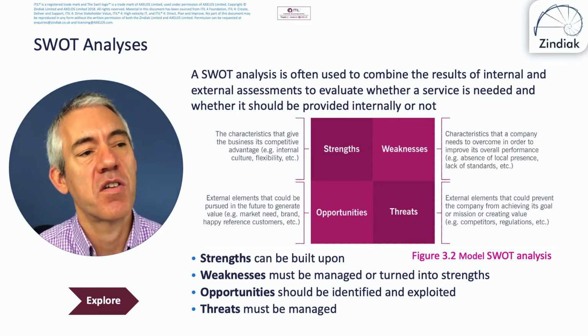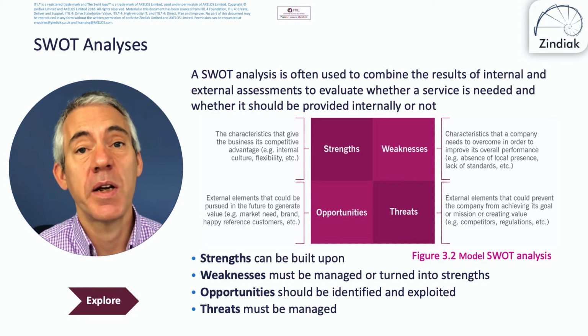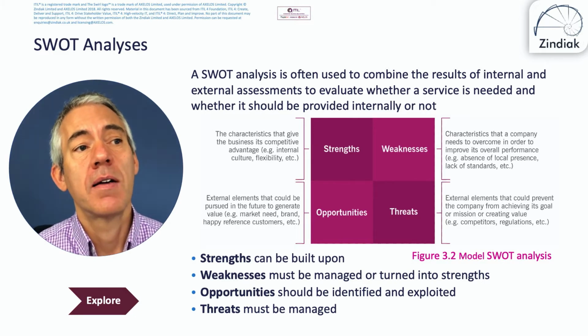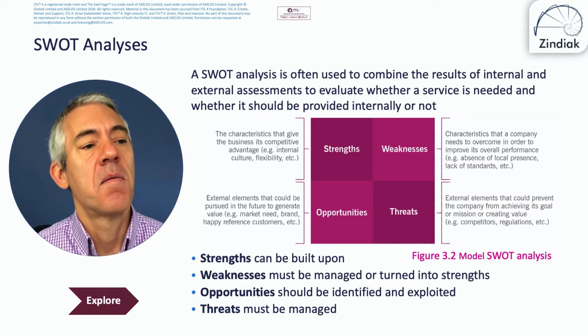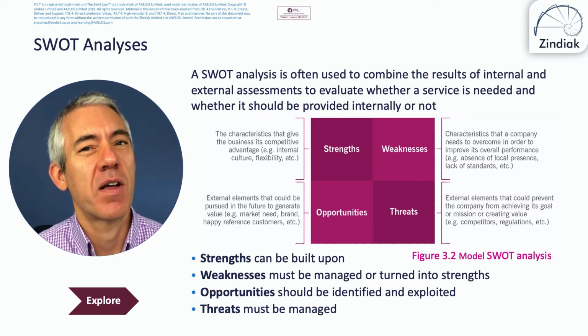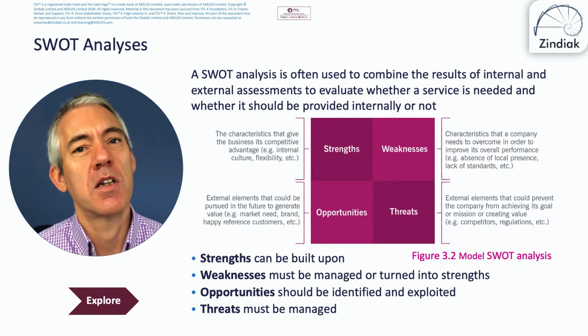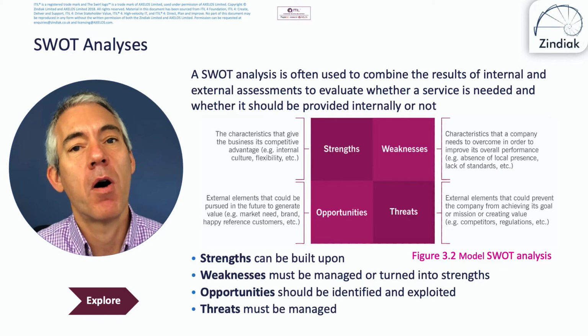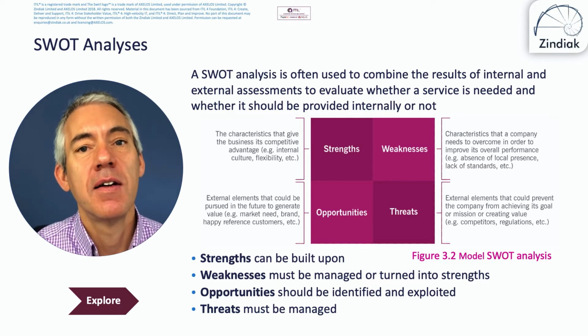So definitely understanding the strengths is good, but understanding your weaknesses as well, and can we mitigate them, or as it says there, manage them or turn them into strengths. Certainly if we've got a weakness, we might try and overcome it and address it. Occasionally, a weakness in one market might be a strength in another.